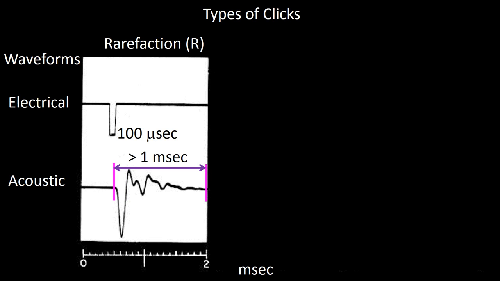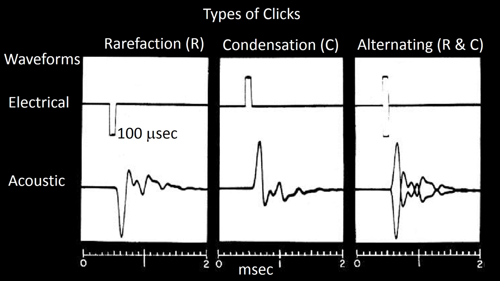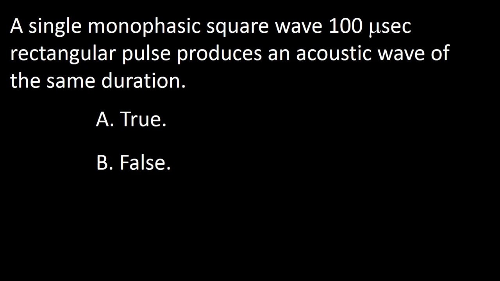And in addition, subsequent smaller waves will be produced that can last up to more than 1 millisecond. Condensation clicks are much the same, but in the opposite direction. And alternating polarities, that is using clicks with alternating polarity, causes an even more complex acoustic wave. So the answer to this question is false.